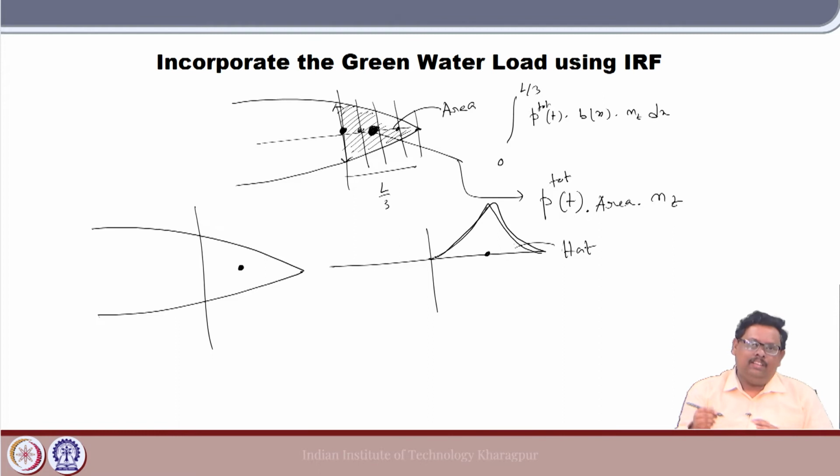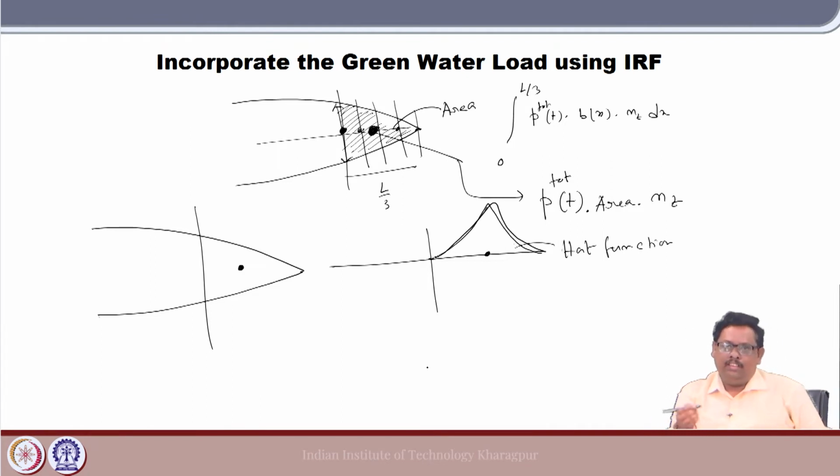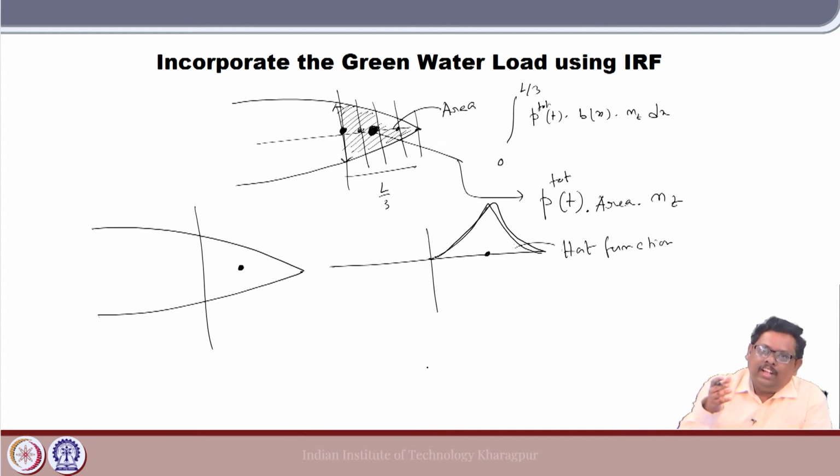Now, it is not actually a hat, it is not linear. So, it is up to you, you can fit a cubic polynomial or even try with a Gaussian also. That is the idea of smooth particle hydrodynamics itself. So, here this value is 0, here this value is 0 and here the value is equal to P dot.